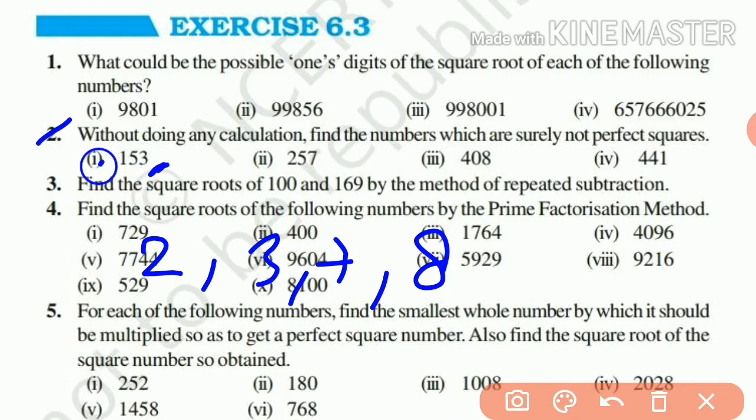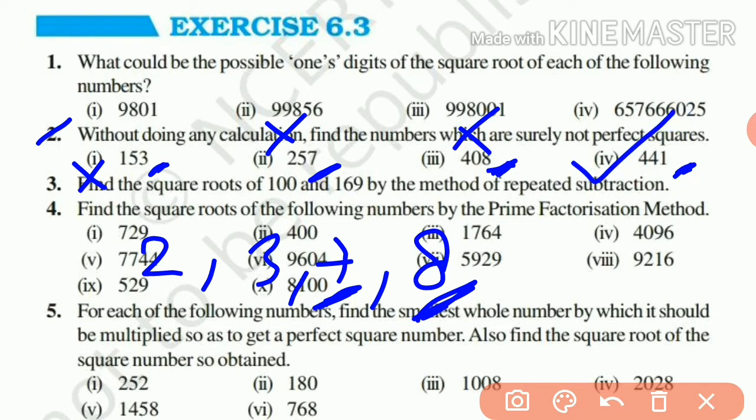This number ends with 7, so it will never be a perfect square. And this number ends with 8, so it will never be a perfect square. And this number ends with 1, so this number can be a perfect square.